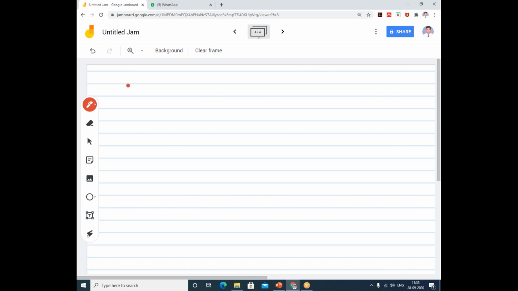For the given problem, g of t equal to A rect of t by T cos 2 pi fct.